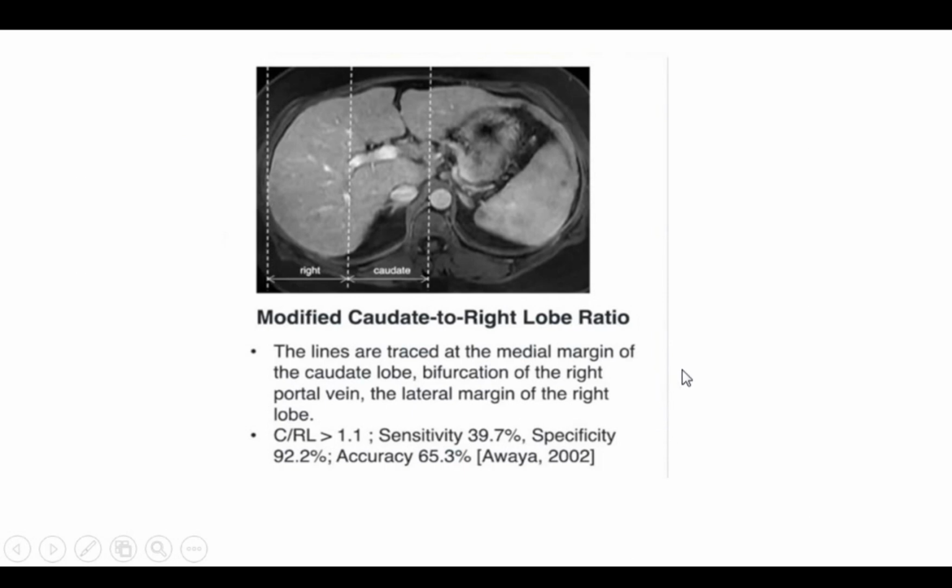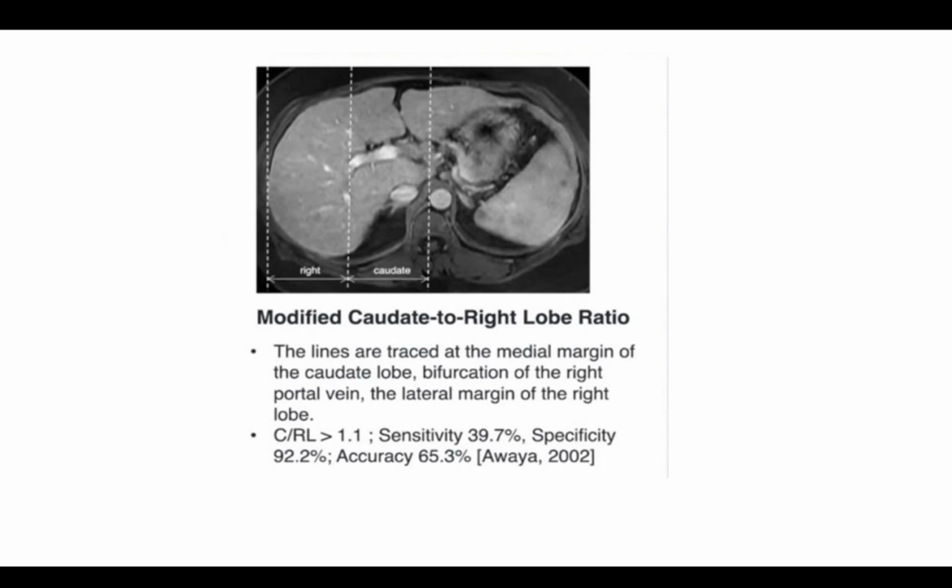Now, what's the caudate to right lobe ratio? It is a very specific sign for diagnosing liver cirrhosis on CT scan. We can come up with it by tracing a couple of lines through the axial section of the CT scan.